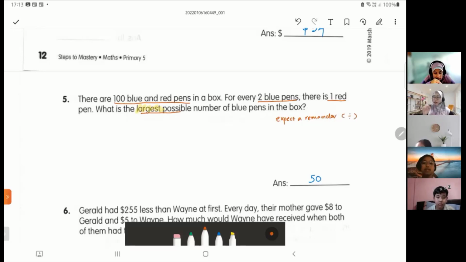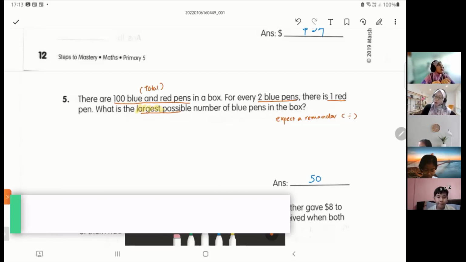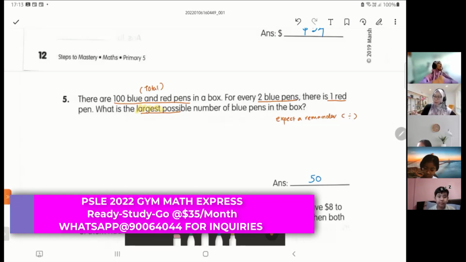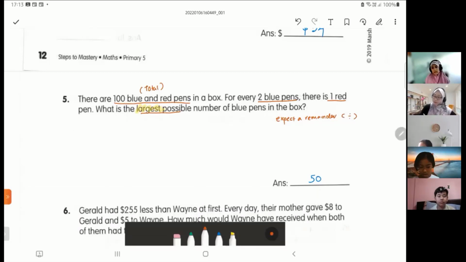Okay. All right, so let's look into the question. So there are 100 blue and red pens in a box. So this is my total. All right, so we put there. For every 2 blue pens, there is 1 red pen. So this is actually a grouping concept. We're going to group them up into one group. So the number of pens in one group, or you can say one set, the same thing.